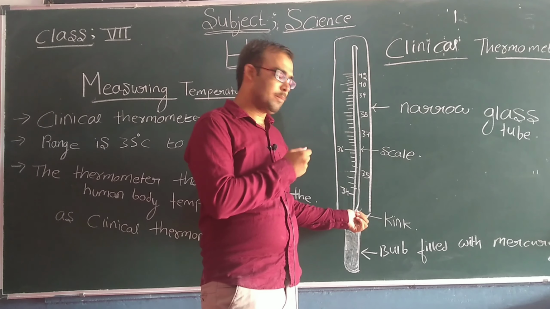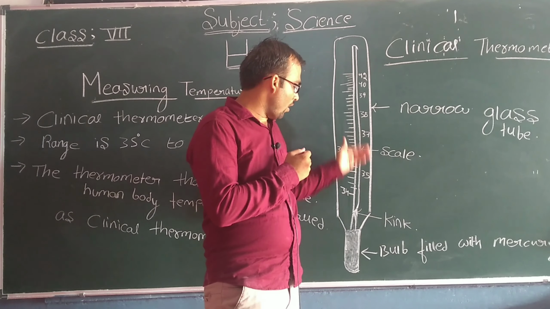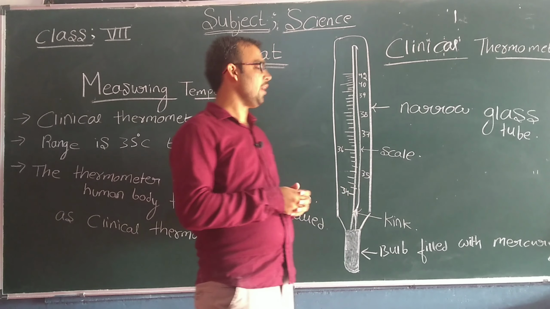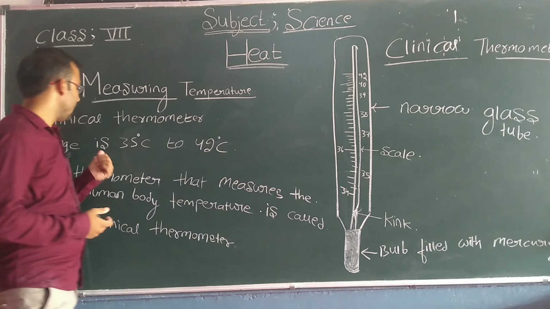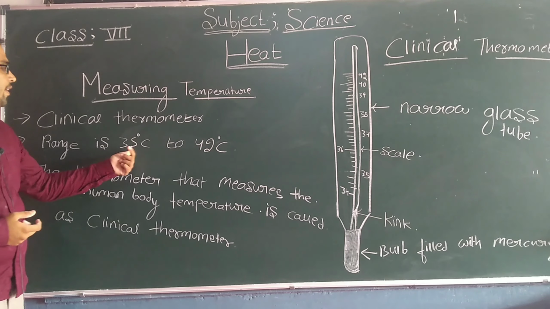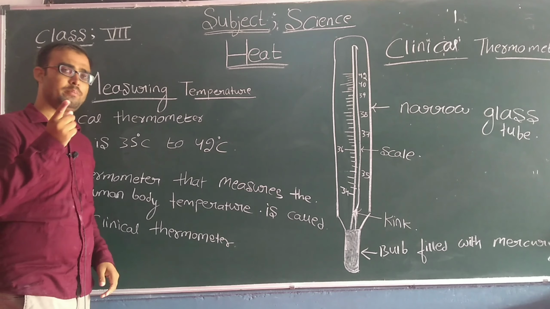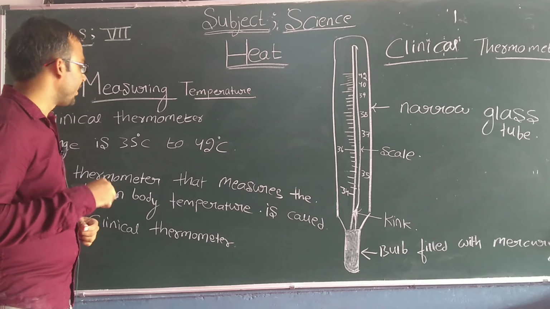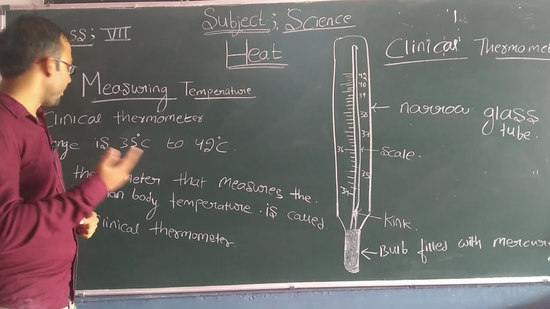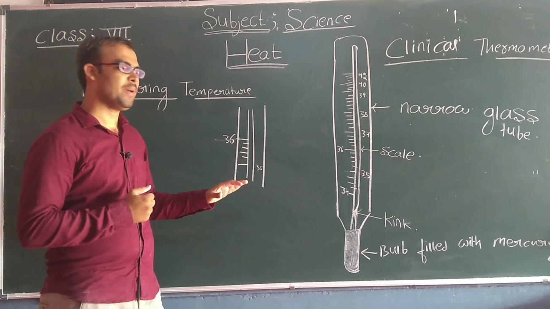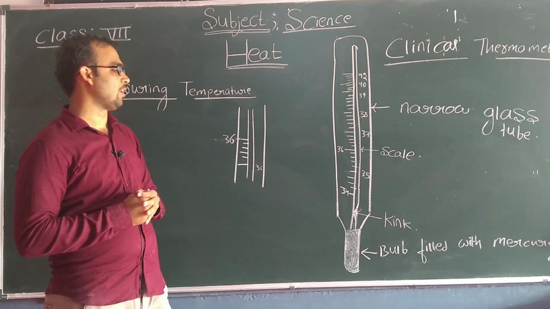It prevents the immediate fall of the mercury level. The range of the thermometer is 35 degrees Celsius to 42 degrees Celsius, because the human body temperature cannot go below 35 degrees Celsius, and it cannot rise above 42 degrees Celsius. Now let us understand how the temperature is measured in a clinical thermometer.